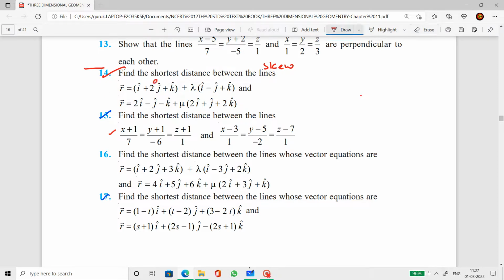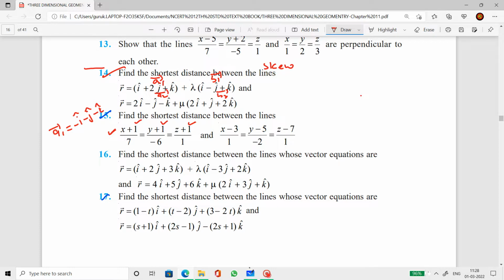In the 14th one, this is my passing through point, a1 and a2. This is the direction vector, b1 and b2, correct? Now, if you take the Cartesian form, where will we find the passing through point? These are the passing through points. So a1 vector would be minus i minus j minus k cap.